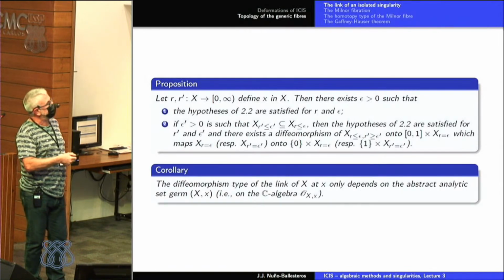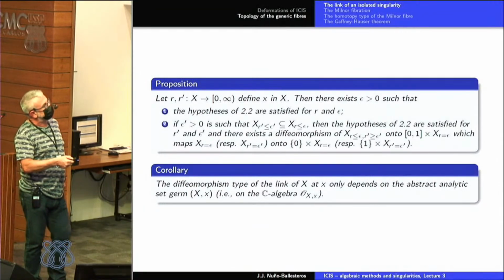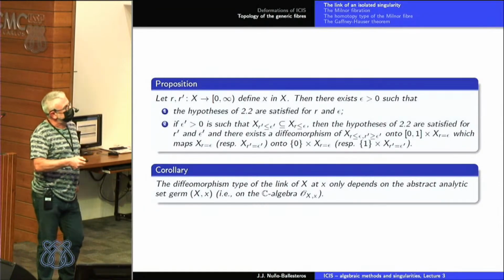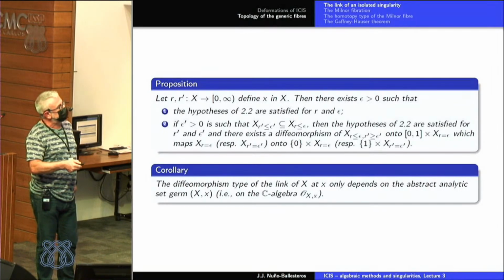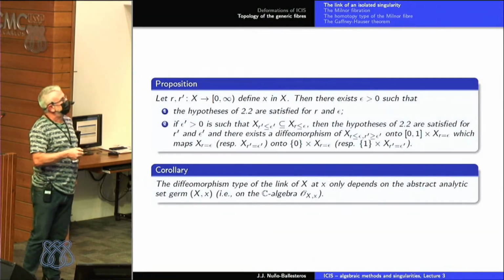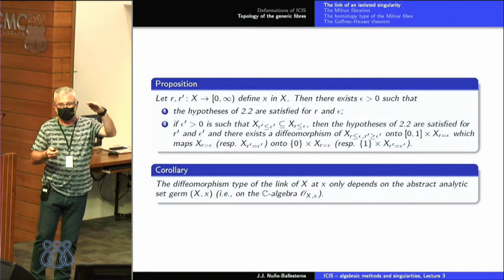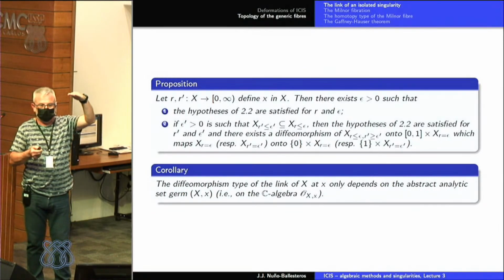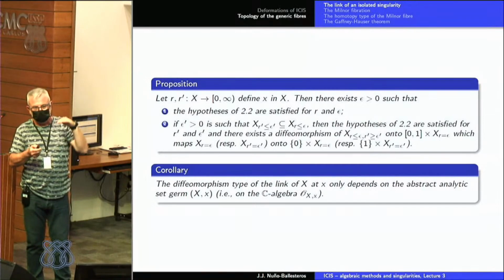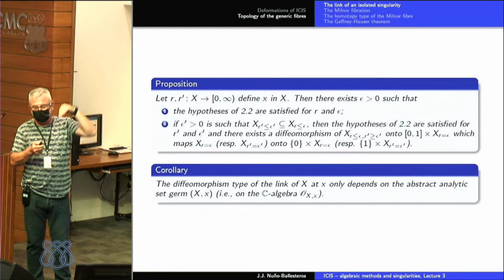So as a corollary, we see that the diffeomorphism type of the link of X at the point x only depends on the abstract analytic set germ X at x. That is, it only depends on the C-algebra O_{X,x}. So this follows because if you take one control function r for one of them, and you have a diffeomorphism phi, then you can take r prime as the composition of r with phi.